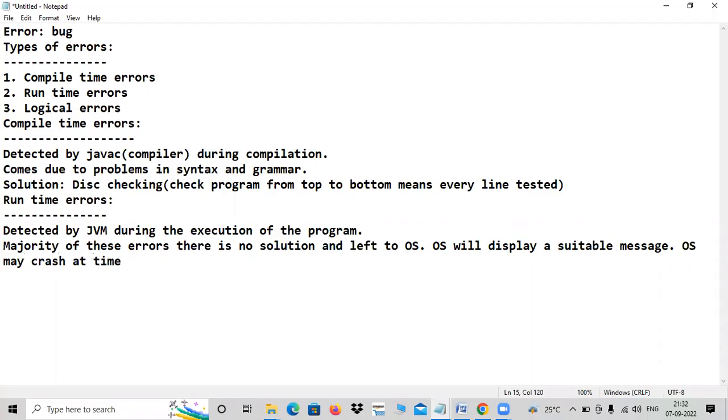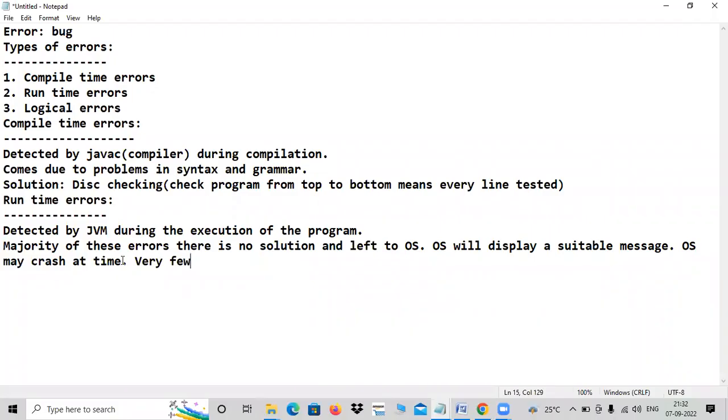Okay, due to these runtime errors, very dangerous. Majority. But what about minority? Very few errors you can deal. That is our subject. Very few such runtime errors is our subject. Majority, leave it to OS. Let OS decide. Majority of these are fatal errors. You can use that word also. OS will display several messages.